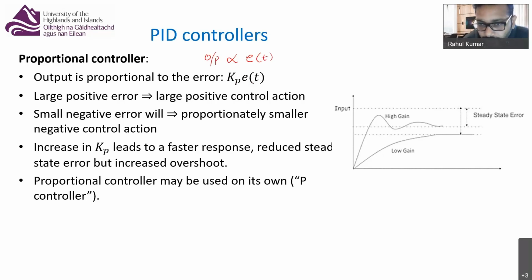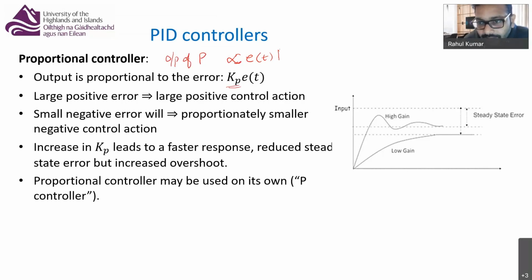Okay, so the output of the P or proportional controller depends only on the error signal, because Kp is a constant.